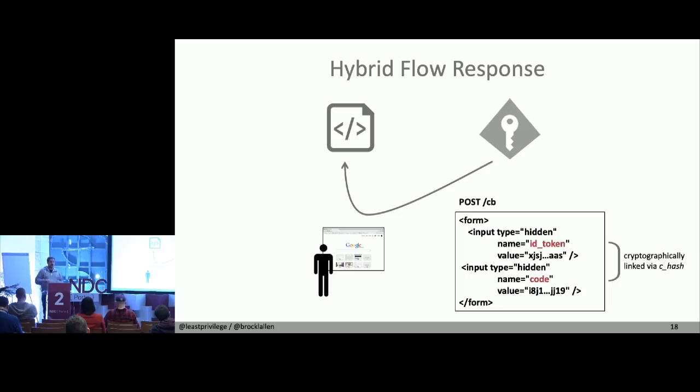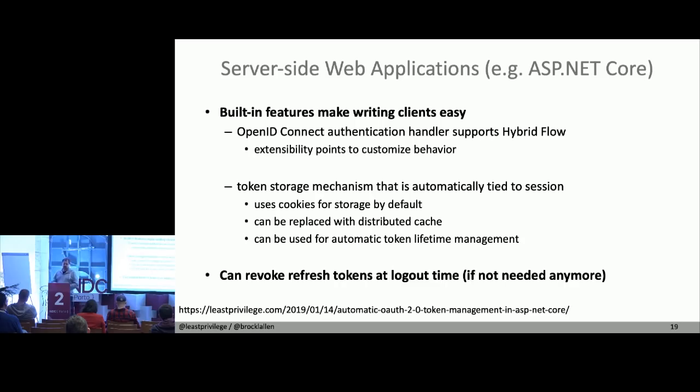So you first validate the signature of the identity token, and with that, you can validate the code, okay? That makes sure that this code actually belongs to the identity token, and that means nobody has substituted it. ASP.NET Core is an example where this is implemented.